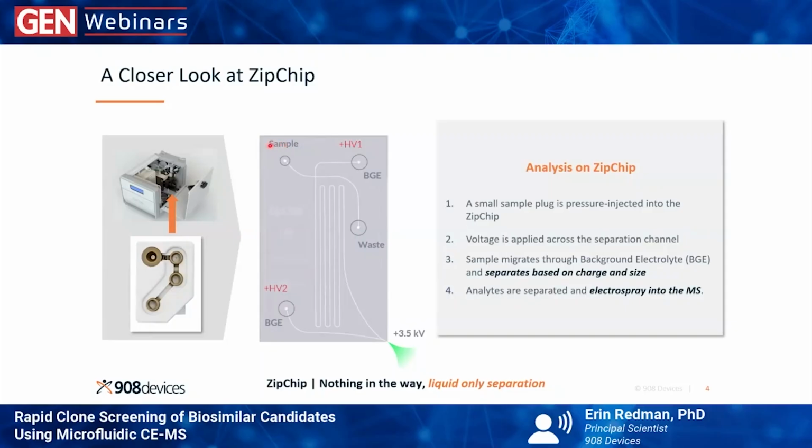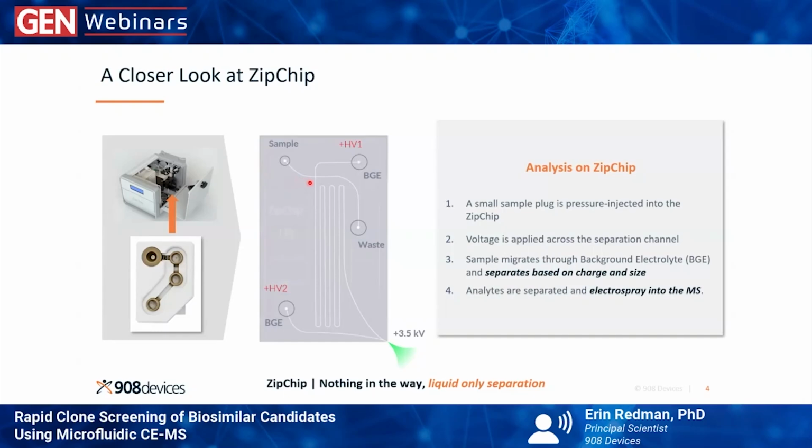And in the middle here, I have a diagram that shows the schematic of the chip. Using microfluidic technology allows us to integrate multiple different functional elements into our device design, and that really speeds up analysis, allows us to generate robust electrospray and perform high-resolution separations seamlessly.